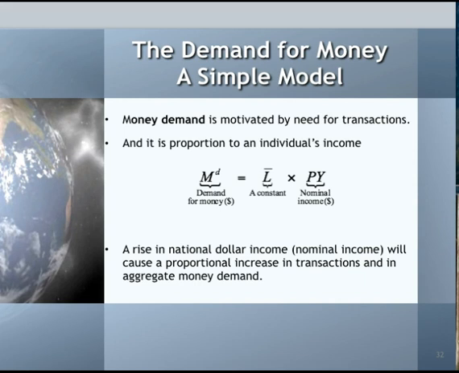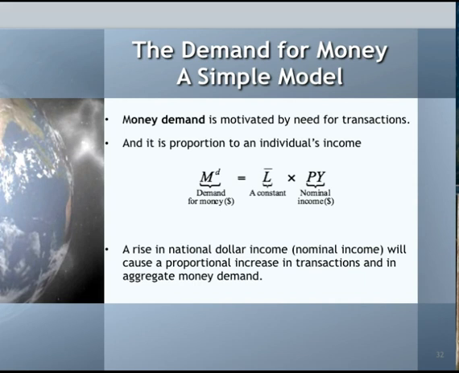It tends to be a constant, but we'll just let it be capital L, some proportion of the nominal income that you experience. And we're going to say the nominal income is the price times the income. That ought to make sense because the income, of course in the United States, is the GDP. We like to think of it as a close substitute for the income. And P is nothing more than the price level.